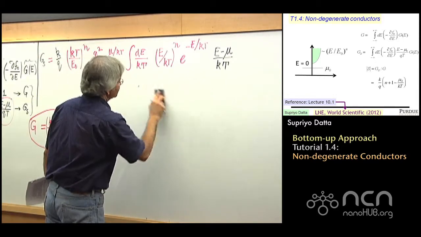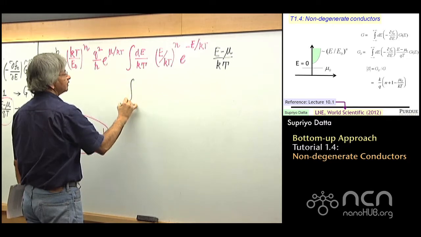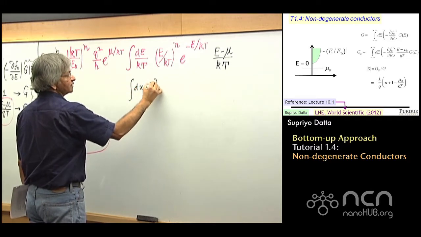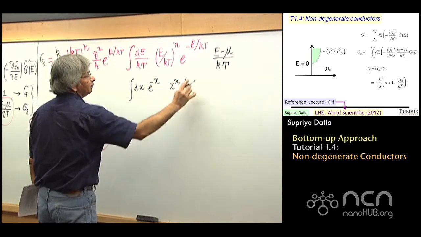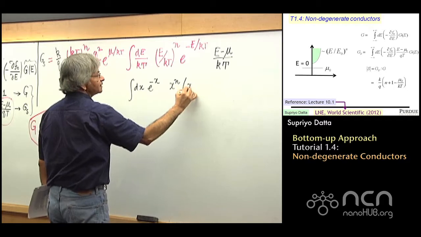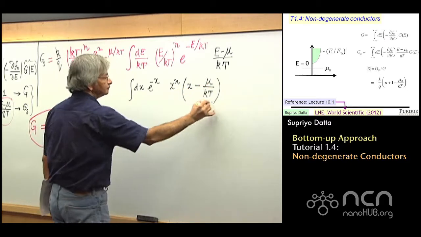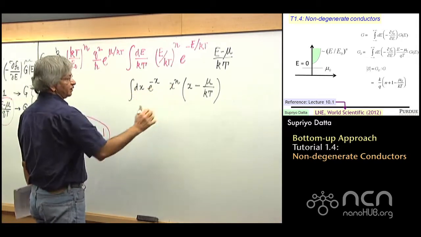Now the thing you'll notice is, the integral here looks like the integral of dx e to the power minus x, x to the power n, but then this quantity looks like x minus mu over kt. So I get two separate integrals.